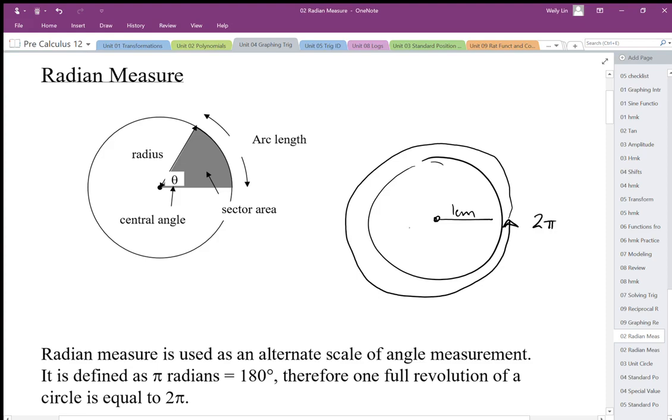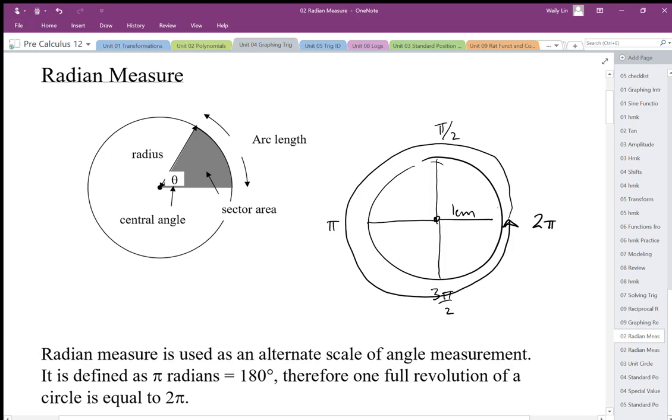Halfway around the circle is 1 pi, a quarter circle is half a pi, and 3/4 of a circle is 3/2 pi. We start talking about the turn as how far along that arc we're going.